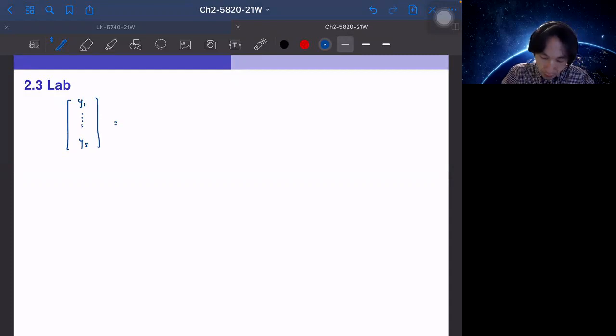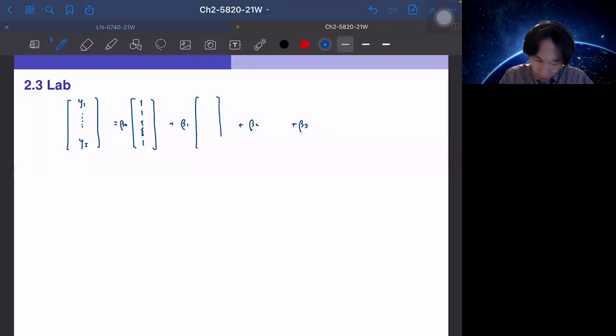And think about the case that we have an intercept, so beta naught times 1, 1, 1, 1, 1. Then if the three variables, x1, x2, and x3, are linearly dependent, we have trouble identifying beta 1, beta 2, and beta 3.